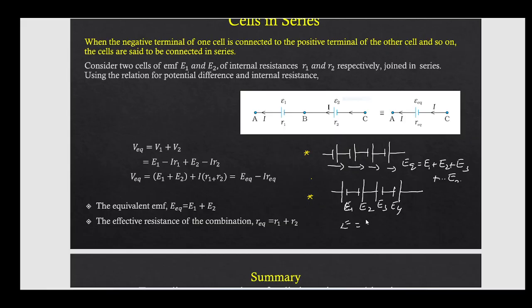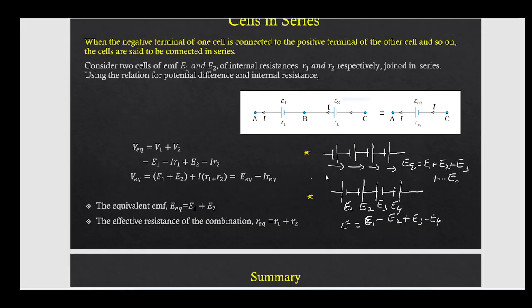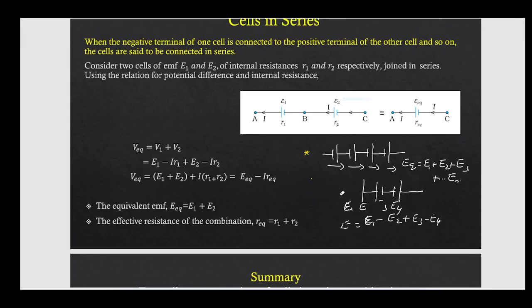E equivalent is given by E1 minus E2 plus E3 minus E4. No need of dividing, because the EMF will cancel there itself. This is one way of writing that. Then depending on the direction of current also we can change this. As of now, let's consider we have one type of combination.